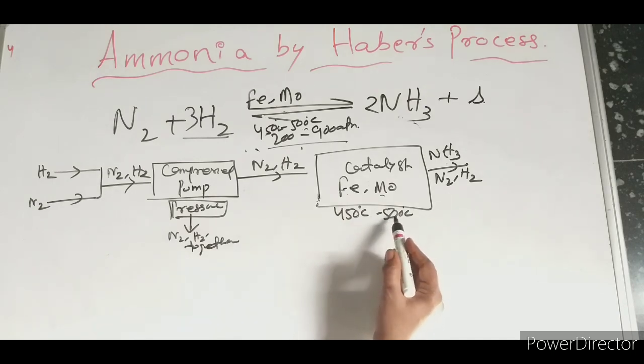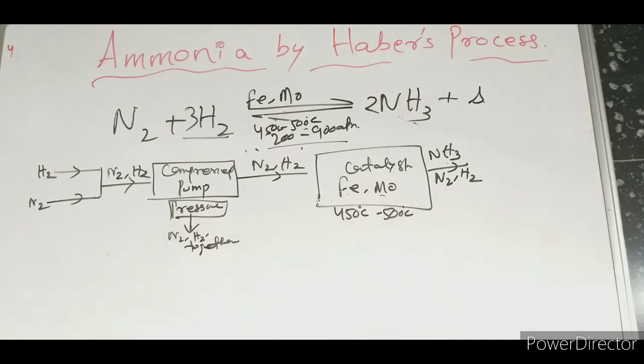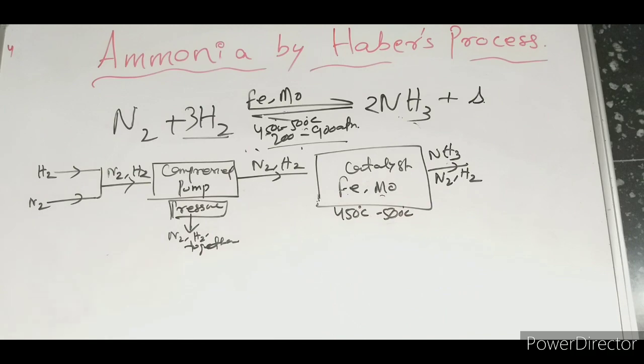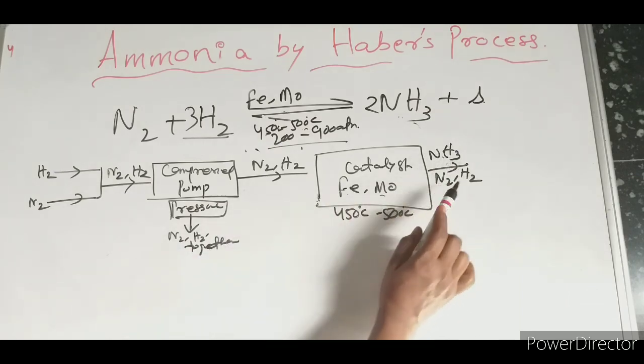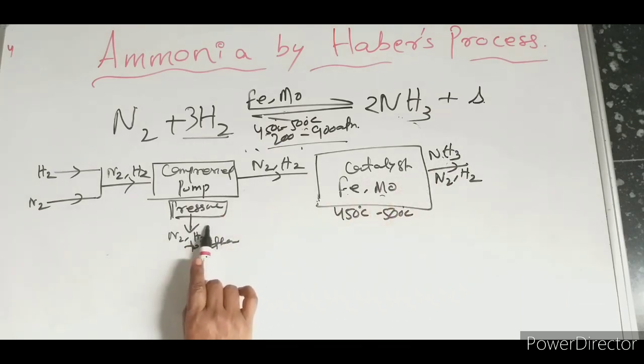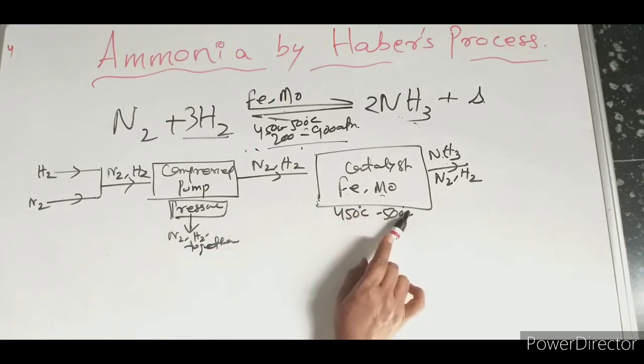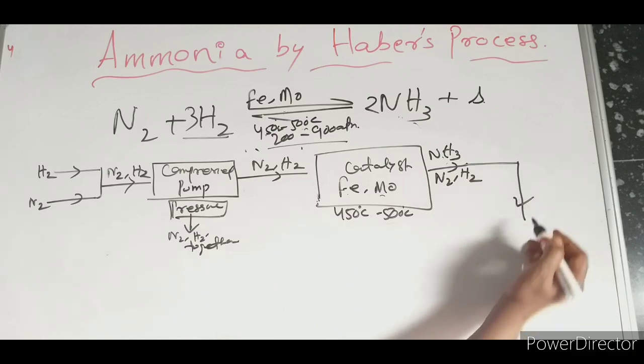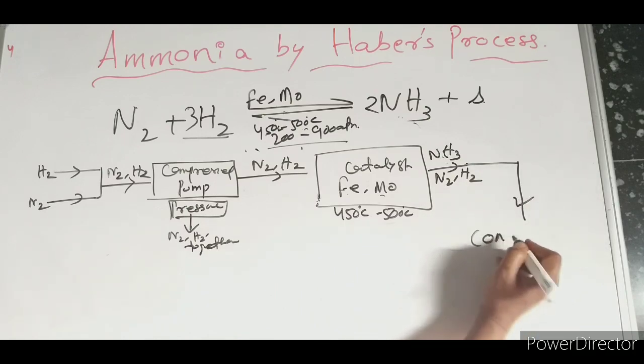We are not sure the temperature will not go above 500. Sometimes it can go higher, so decomposition takes place. So along with ammonia, nitrogen and hydrogen are also present. Now these are still at high pressure and high temperature. So now what do we have to do? We have to allow this through the condenser.